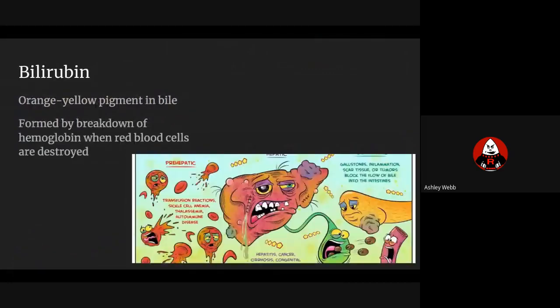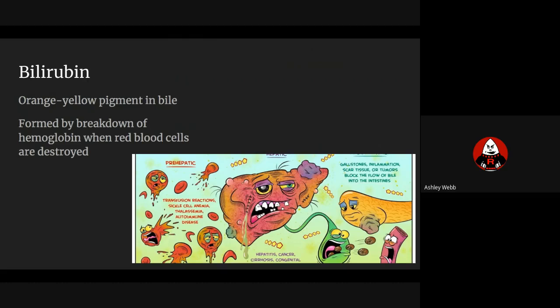Bilirubin. Bilirubin is the orange yellow pigment in bile. It's formed when hemoglobin is broken down. Hemoglobin gets broken down when red blood cells are being destroyed. The time we hear about bilirubin the most is in infants when they have jaundice, or adults can have jaundice as well.